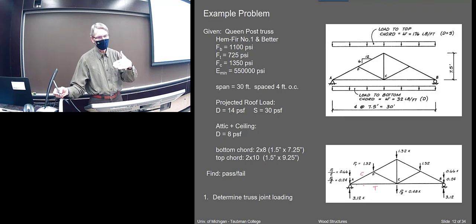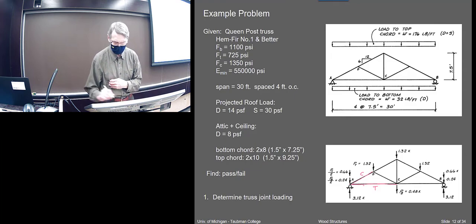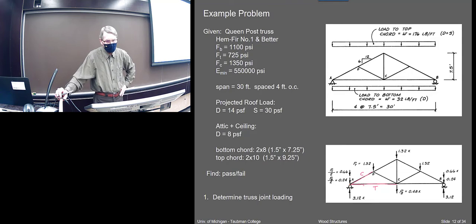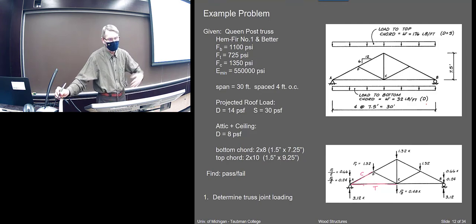We'll do an analysis of the bottom chord here and an analysis of the top chord, and both of those have a uniform load placed on them, so they've got flexure in them, and as a truss, they've also got axial force, so you've got the combination.